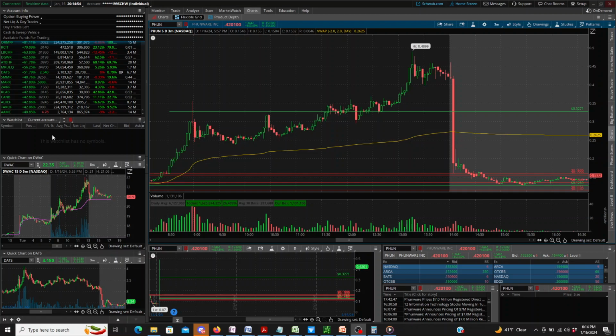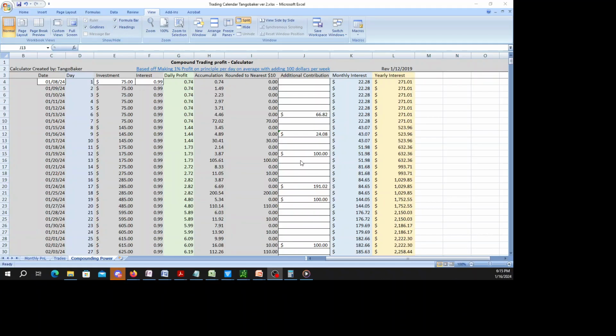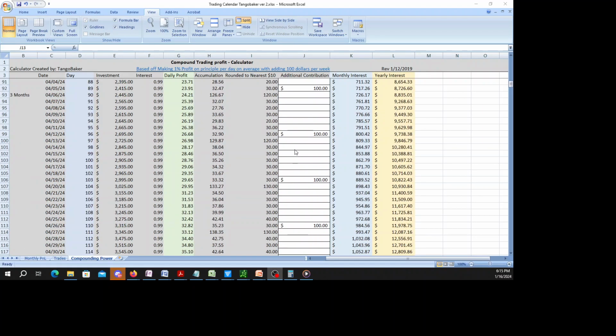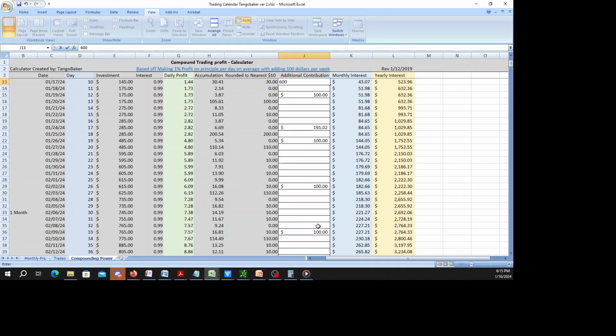But at the bare minimum, all I really have to do is just do 1%. And then if I keep on doing more than 1%, 10%, 20%, this calculator will automatically adjust, right? And then it starts speeding up the process. So let's say, for example, that now my account is $5,000, right, quote unquote, because it's divided up between mini, and I have a $600 gain.